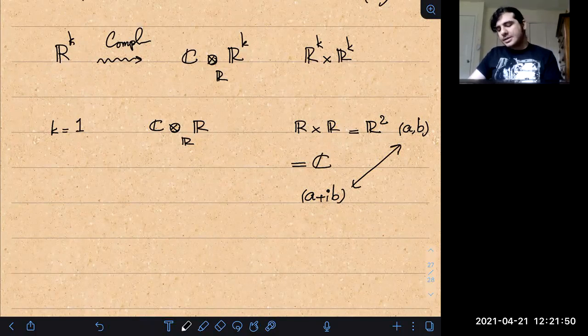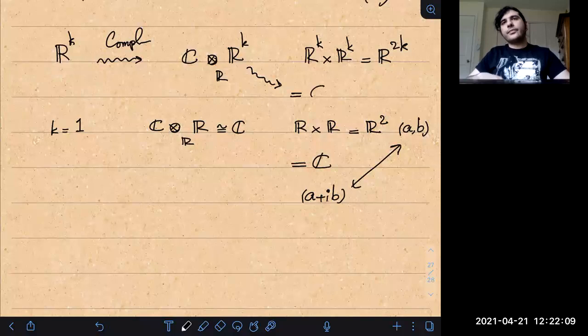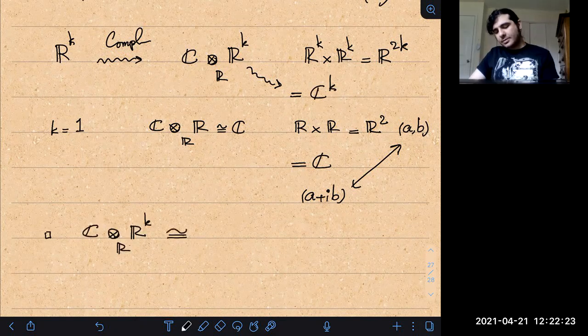So the way to think about C tensor R is not as R2. The correct way is to think about it as C. Also here, rather than thinking about it as R2K, the correct way to think about C tensor RK is CK. So here we have it: C tensor RK over R as a complex vector space is isomorphic to CK. Is it clear?